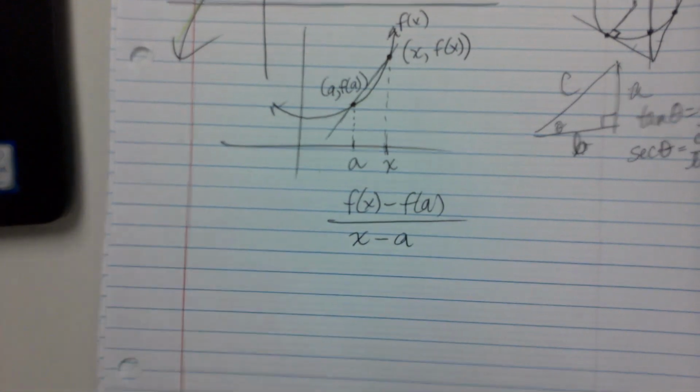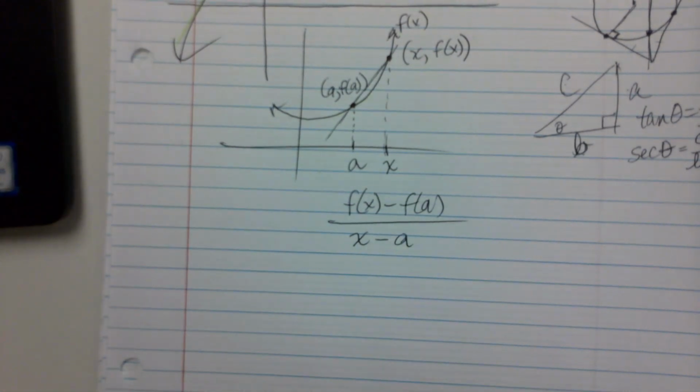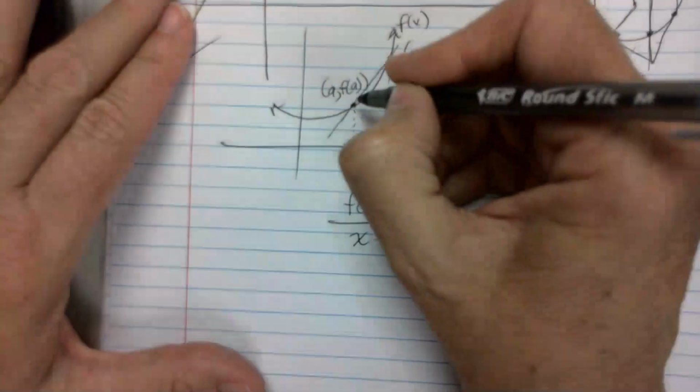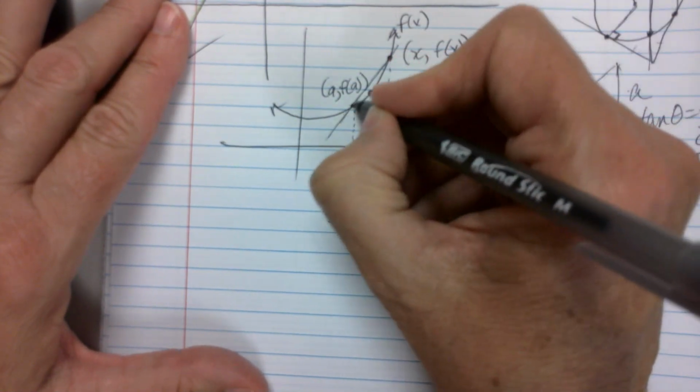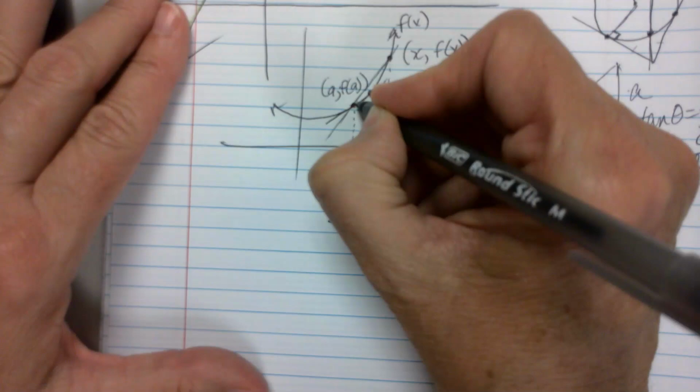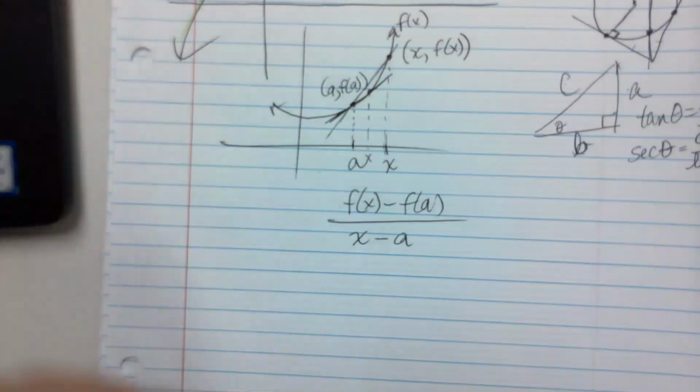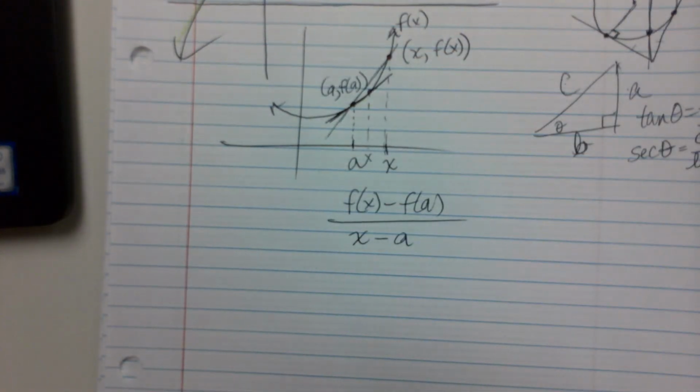Is that a good estimate for the one I drew? Does that look like a good estimate for the slope of the tangent? Well, what if I moved the x right here? What about that estimate? Is that getting closer to the slope of our tangent line?